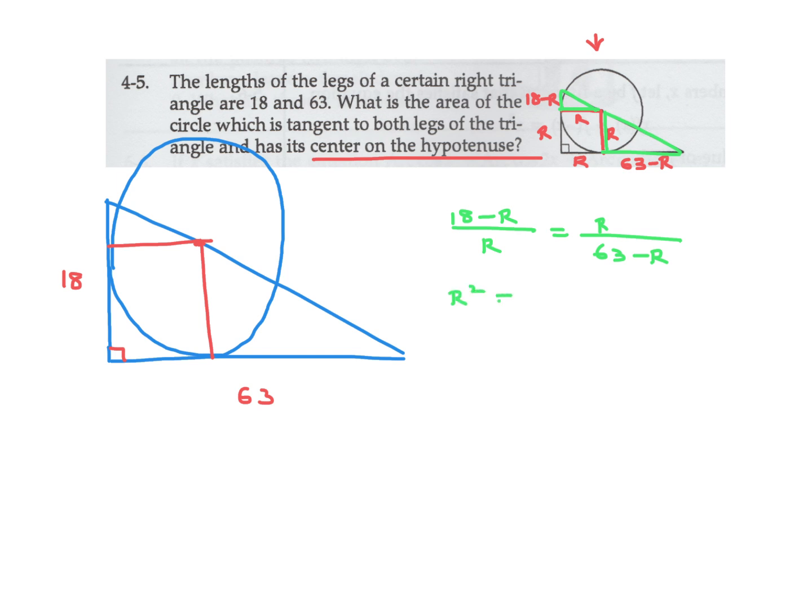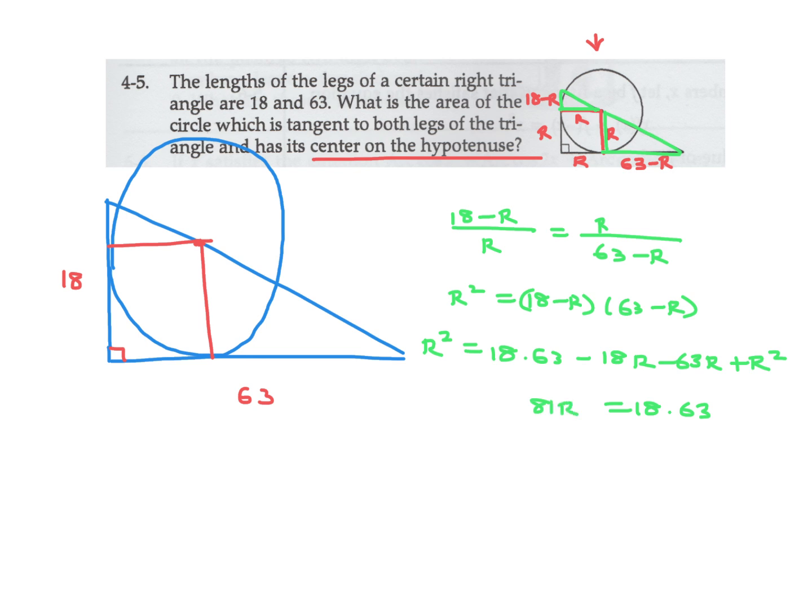So r squared would be 18 minus r times 63 minus r. Therefore r squared is 18 times 63 minus 18r minus 63r plus r squared. The r squareds cancel, so 18 times 63 is equal to 81r.